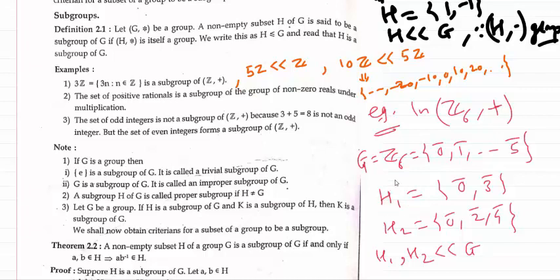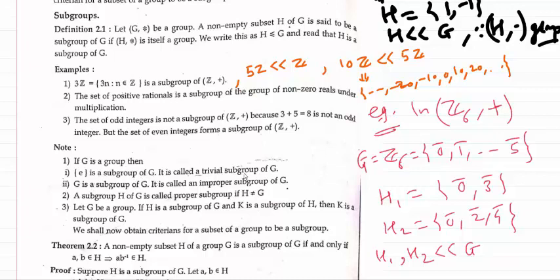Here is one good exercise for you. You can try to find the subgroups of Z10, Z12, Z15, Z5, Z11, Z13, and in general Z. You can observe that the singleton identity element E is always a subgroup.